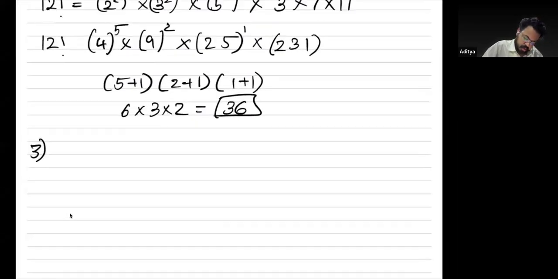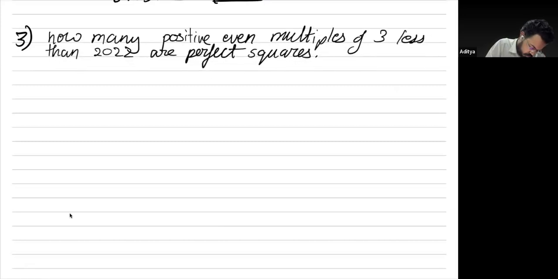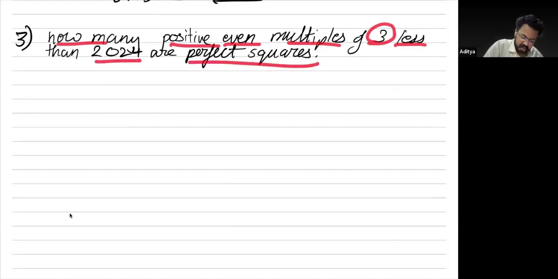Okay. So question 3, try this out. How many positive even multiples of 3 less than 2024 are perfect squares?